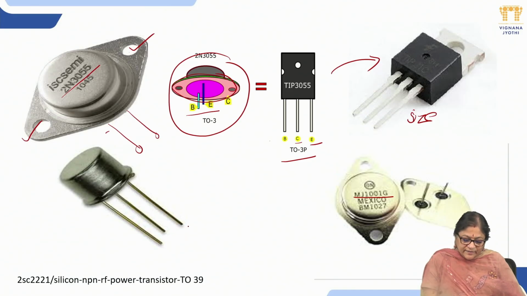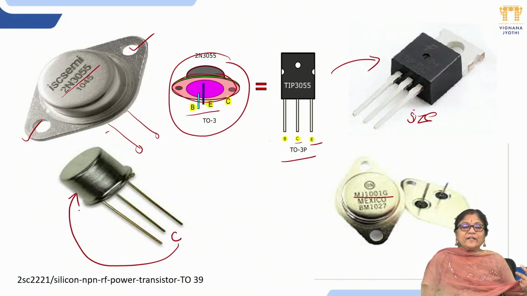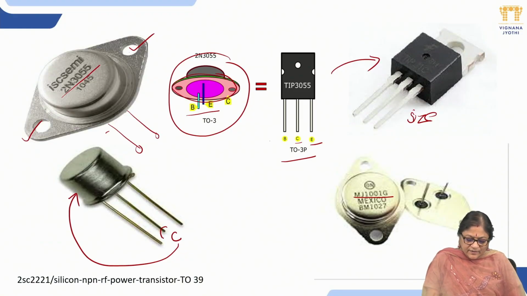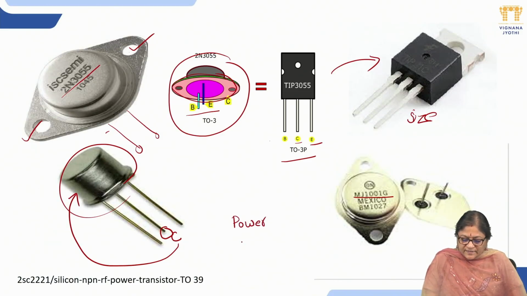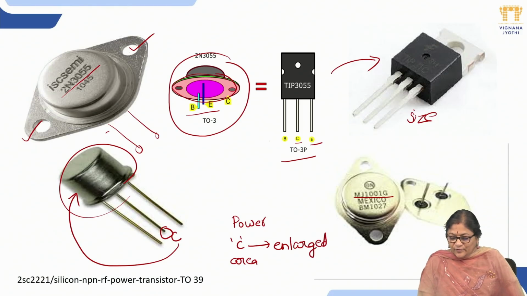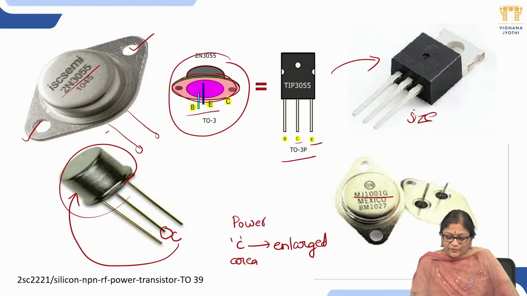The one terminal in the middle, the collector, is always connected to the case. Why is it connected to the case? Because heat is generated at the collector, we have to pump the heat outside, and we require a larger surface area. That's why the collector is connected to the large surface area, so the collector area is enlarged. Because of that, collector pins are always connected to the cases. This is the front view, and if you turn the power amplifier, you can see the two terminals.